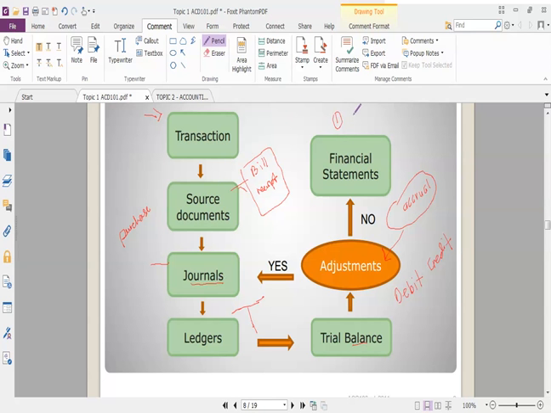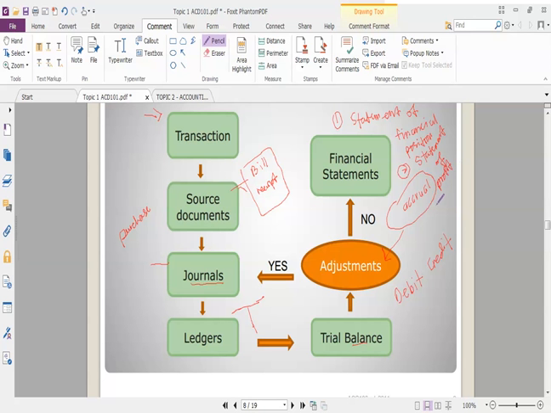That is the statement of financial position, and the second one is the statement of profit and loss.